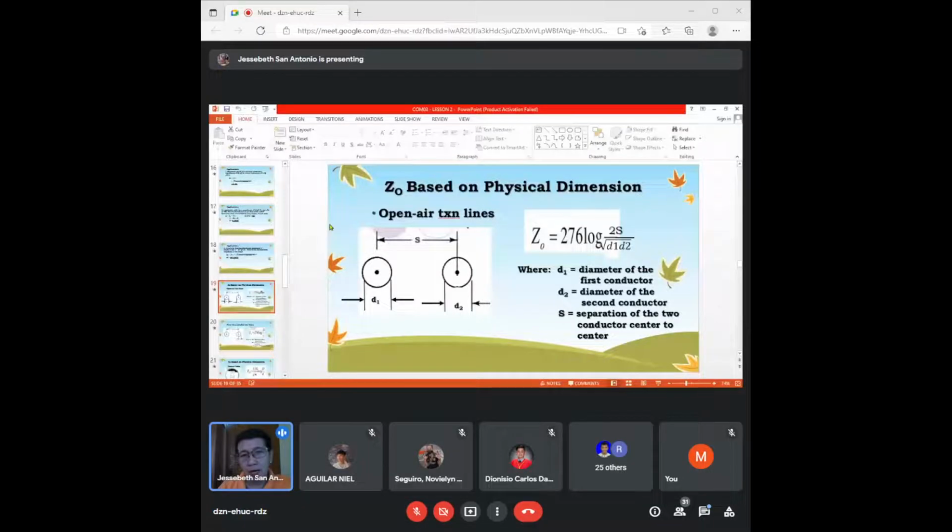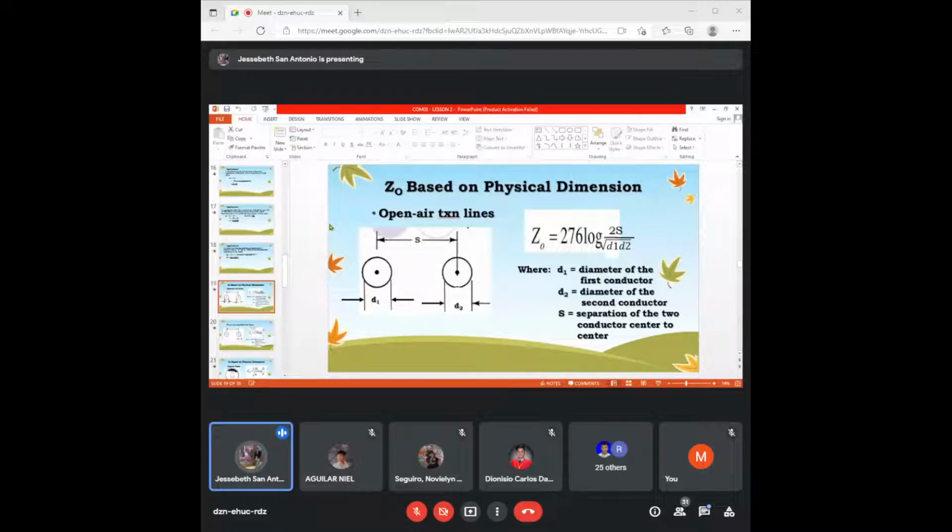yung hindi lang yun ang equation. It's not only Z0 is equal to the square root to calculate for the characteristic impedance of any transmission lines. What if you know the physical dimension of the transmission lines? Meaning, the diameter.